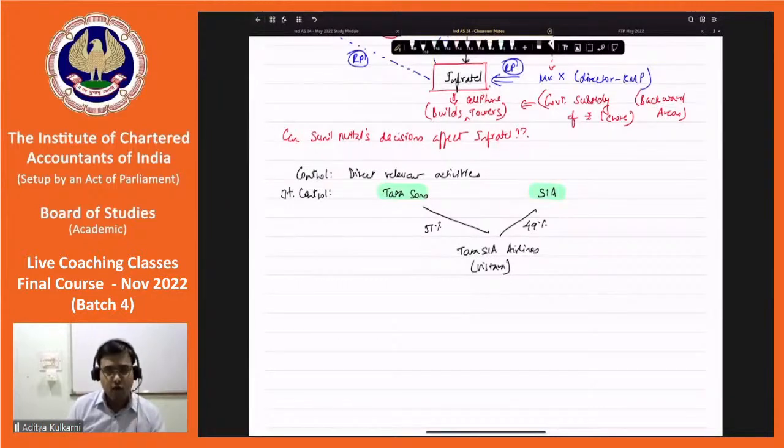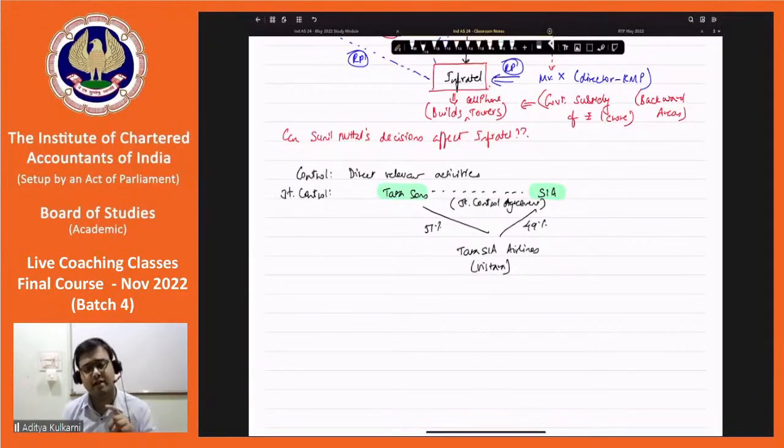Can Tata alone decide about it? Sir, he has 51% holding. But that is not relevant. The relevant point is they have a joint control agreement, whereby they agree that Vistara will be decided unanimously, whatever has to happen about Vistara. So tomorrow, if Vistara wants to fly from Delhi to United States and Tata Sons decides that, then Singapore Airlines also should agree to that.